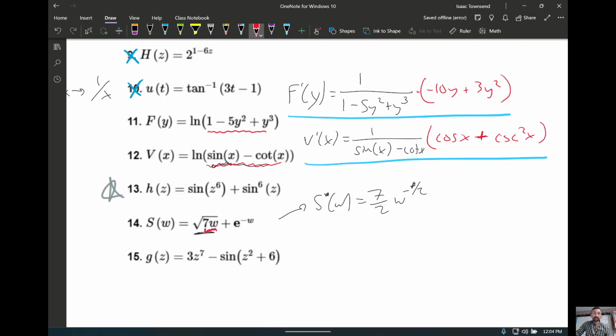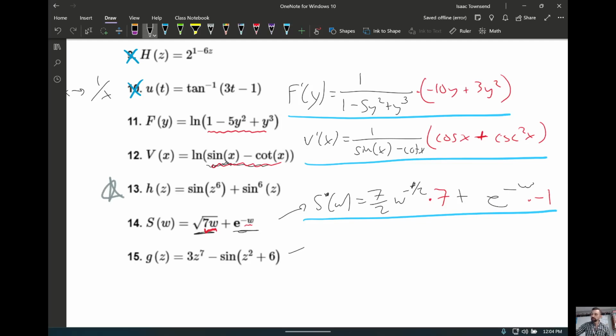But then there's an inside. The inside is 7w, so chain rule says multiply by 7. Okay, then separately, second term, the derivative of e to something is going to be e to the something still. But don't forget to multiply by the derivative of the something. So times a negative 1. Or just change this to a minus. Either way.